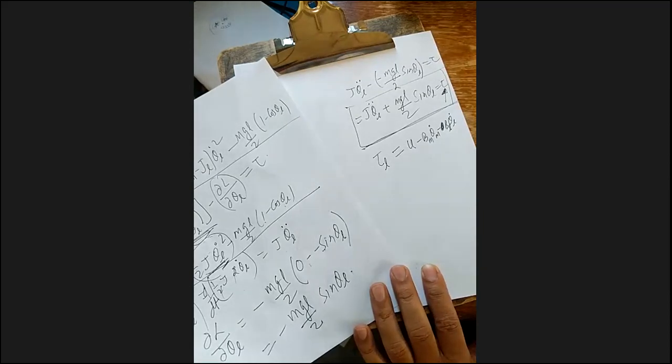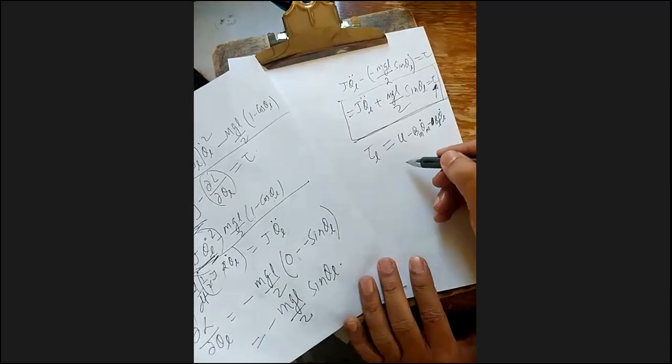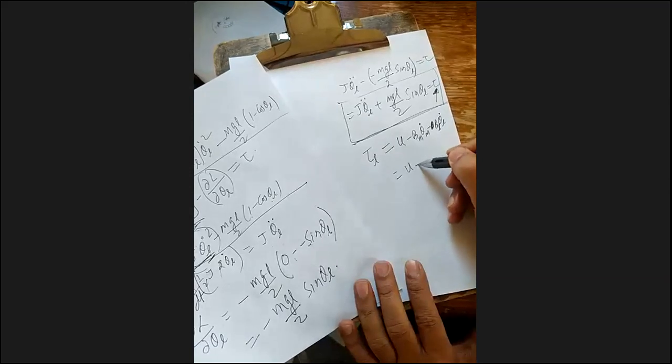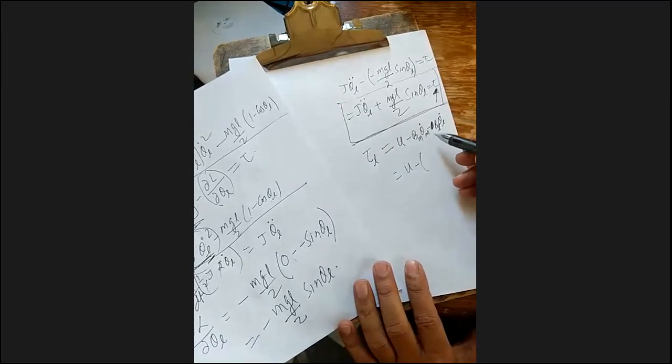Okay. Then I can rewrite this as U minus. If I use the same thing again, theta M dot equals R times theta L dot, then I can simply get R BM plus BL here, theta L dot.